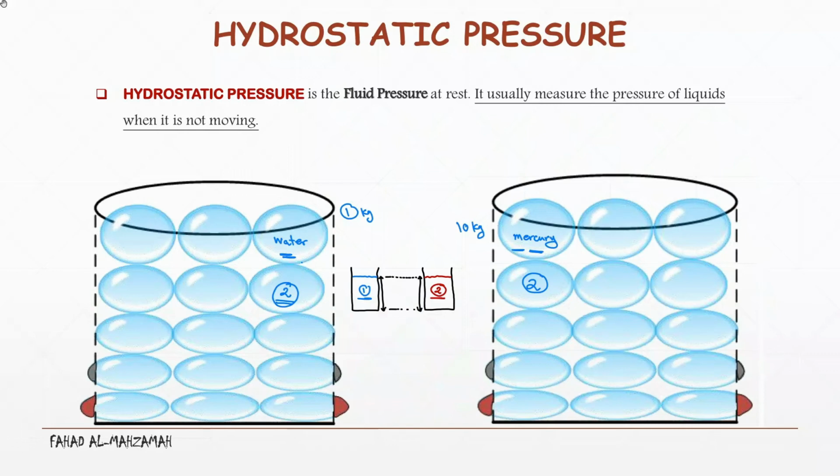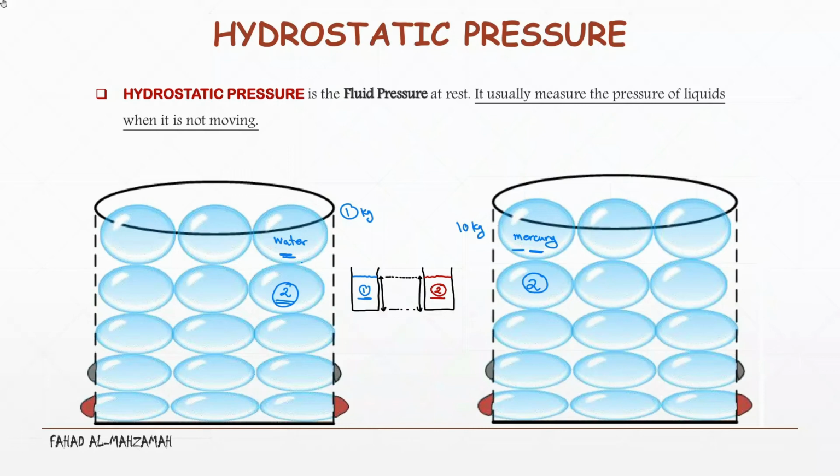So only two things are required to be understood in the hydrostatic pressure. One is the height of the liquid, because as the height changes, the pressure will change. And the second one is the type of the material, which will affect the pressure of the liquid, because different types of materials will have different weights and different masses for their molecules.